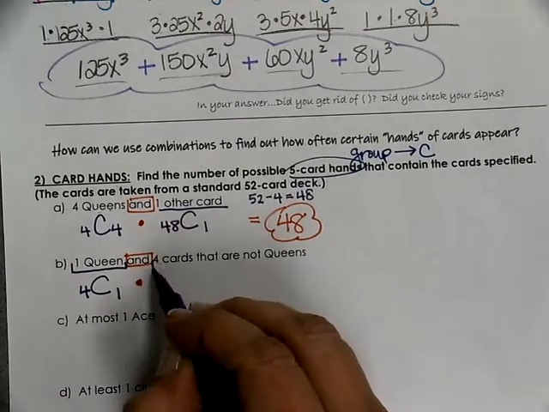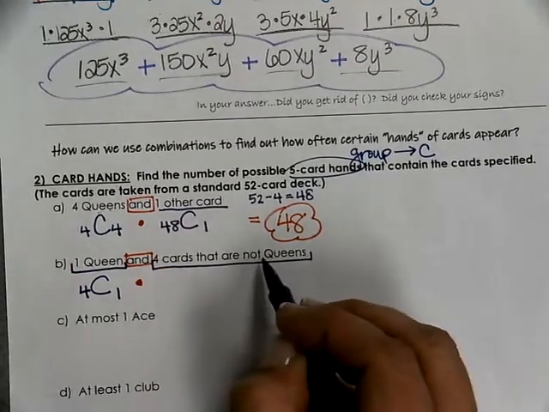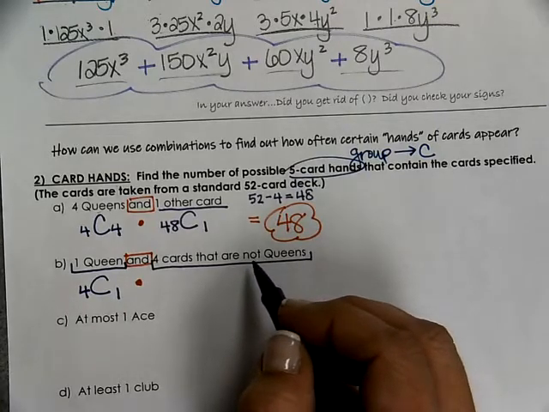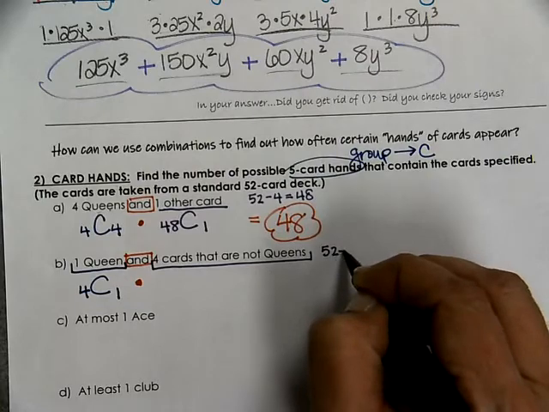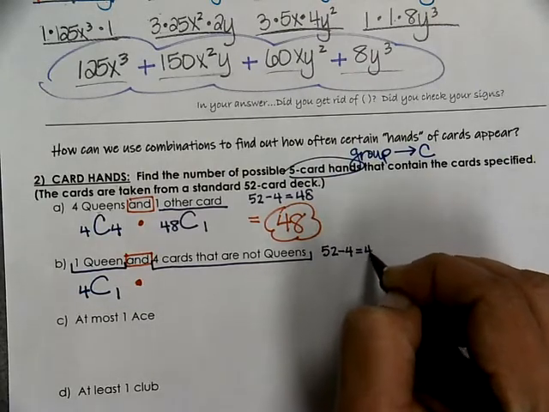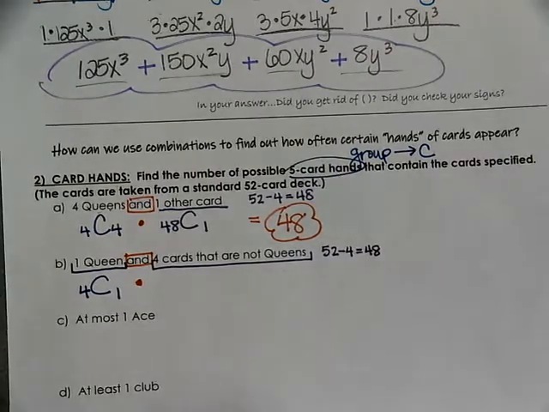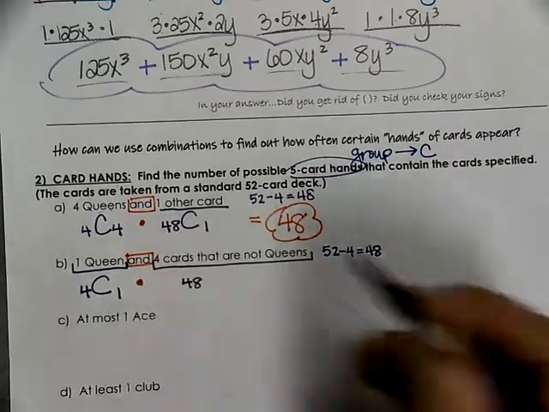Now this is 4 cards that are not queens. Again, one other card, right? So that means, again, the cards that are not queens would be 52 minus 4, which is 48. So we have 48 cards total.